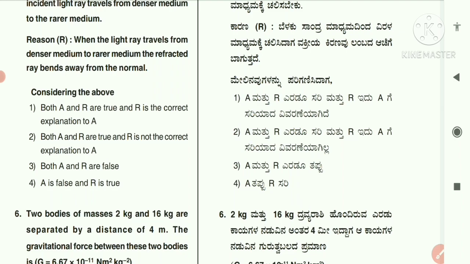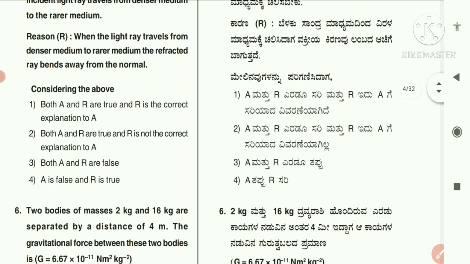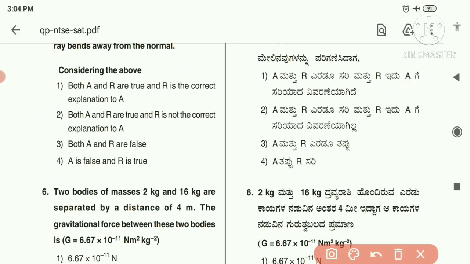For a particular angle of incidence, the refraction angle will be 90 degrees. If the incidence angle is more than that, then reflection occurs, which is known as total internal reflection. So the first one is the correct answer: both A and R are true, and R is the correct explanation of A. Okay, so next we go to the further question.